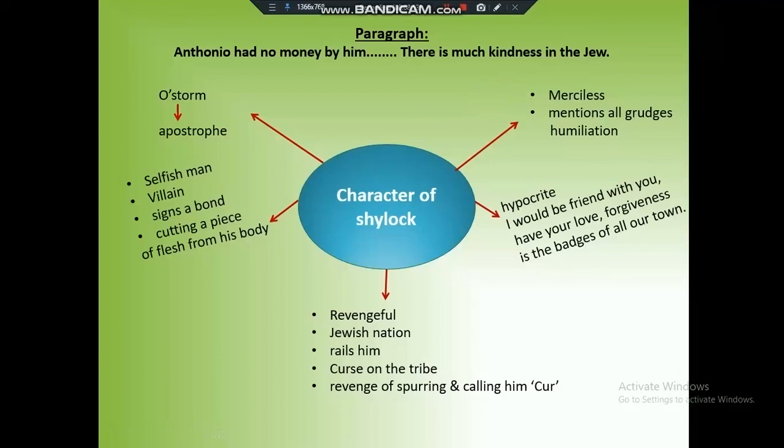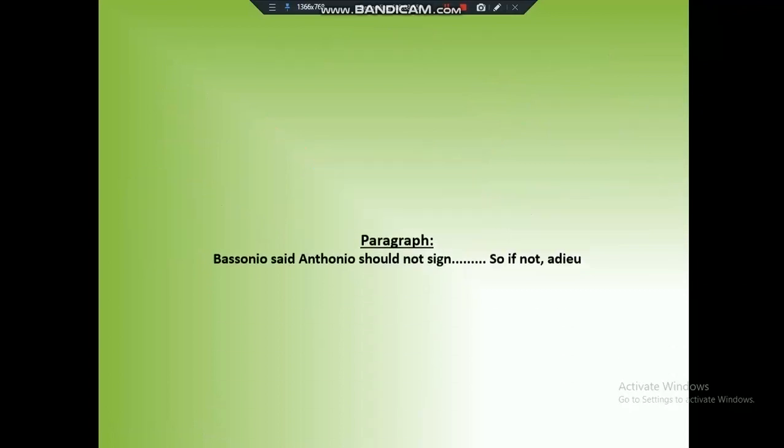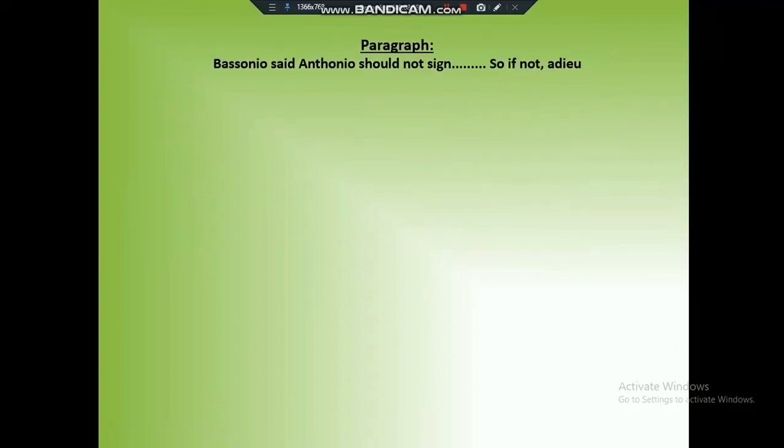So we are going to start the next paragraph that starts from, "Bassanio said Antonio should not sign to such a bond of him, and still Antonio insisted that he would sign it." So Shylock, hearing this debate, exclaimed, "O Father Abraham, what suspicious people these Christians are!